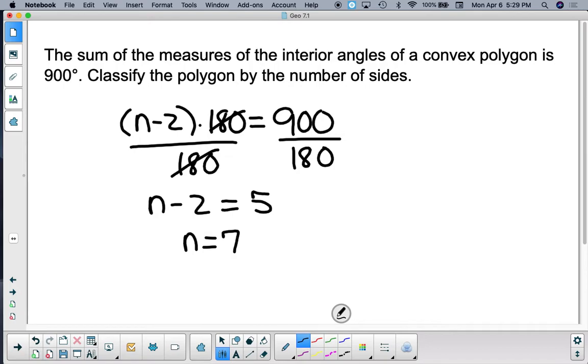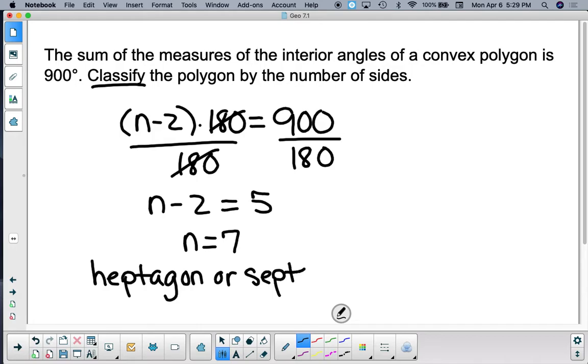After you find the number of sides, it says classify. That means they want you to name it. You'll have to remember those names, and I'll go through those in just a second. A 7-sided figure, you can name as a heptagon or septagon. Either one of those would be your answer.